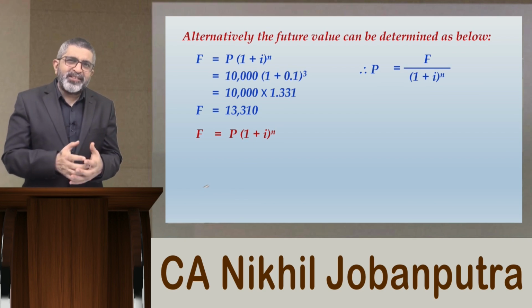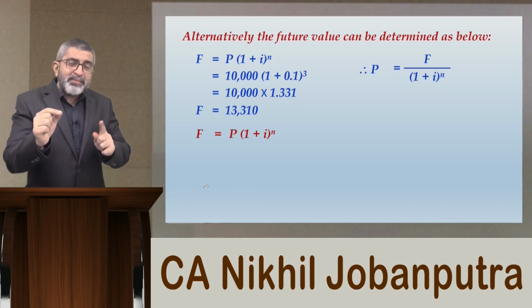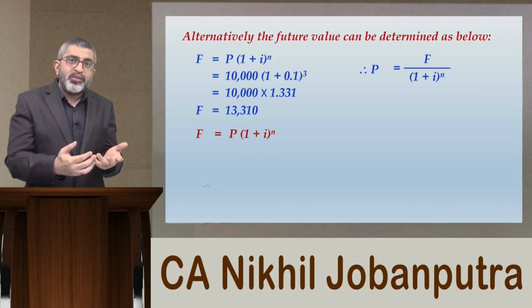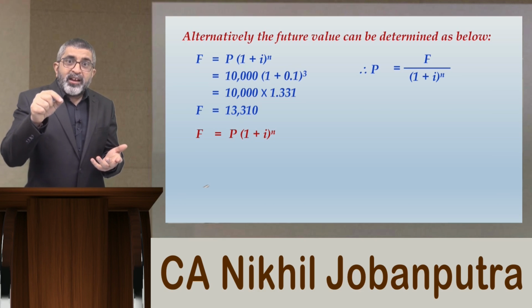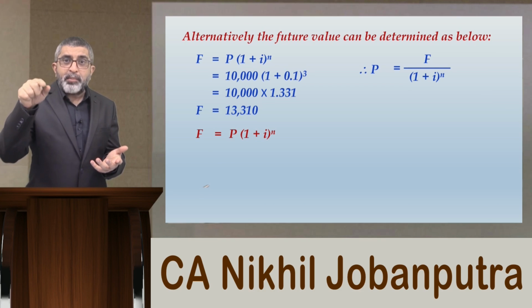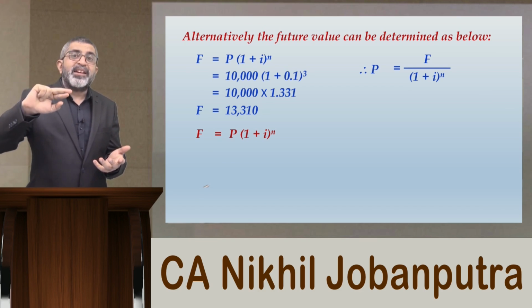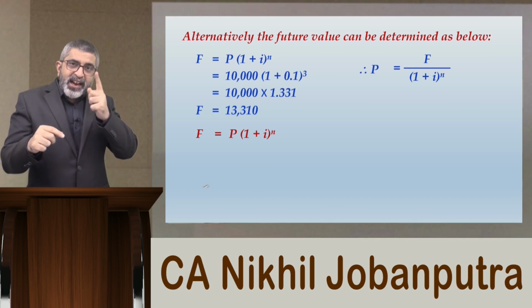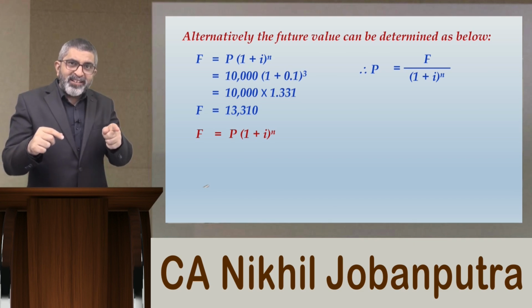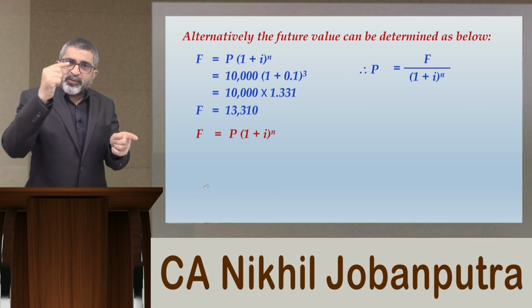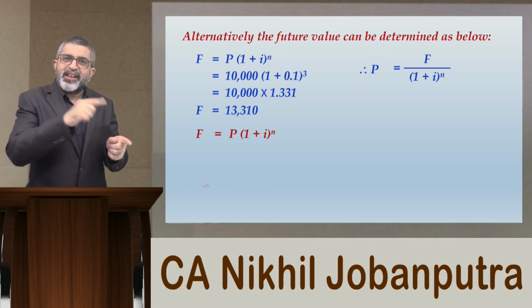And guys, at your school stage in mathematics, what you would have learned under exponential rules is that x raised to minus n becomes the reciprocal of x raised to n, that is 1 divided by x raised to n.